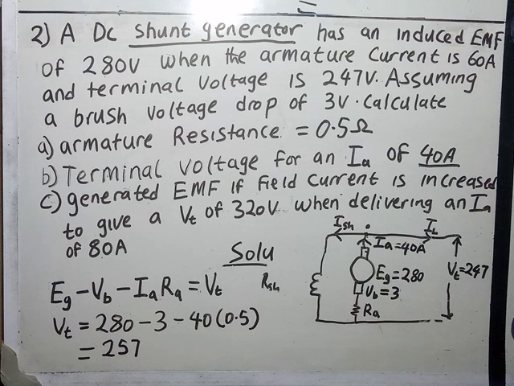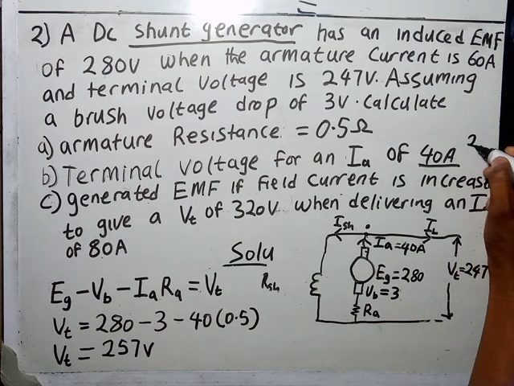So this is our terminal voltage if the current that was supplied was then 40 ampere. This is in volts. Don't forget to add your units. So we are getting our answer for the B part to be 257 volts.